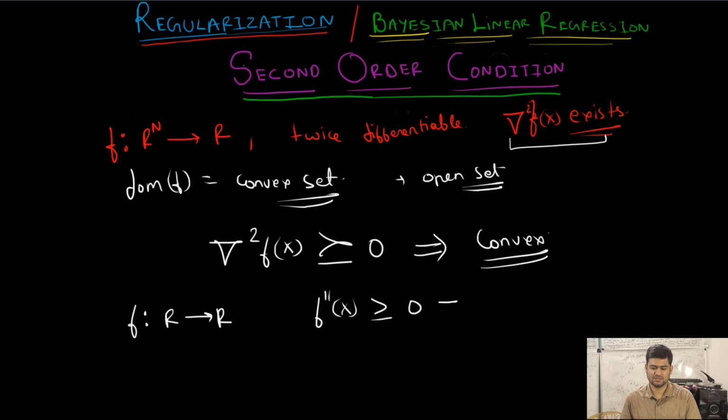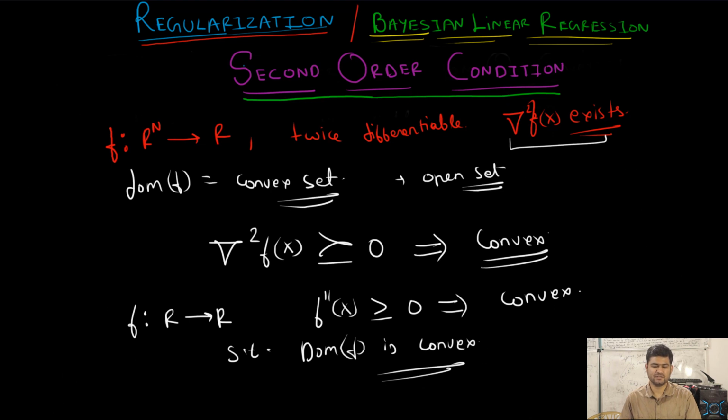So if this condition is satisfied, that means that the function is convex, subject to the condition that the domain of f is convex. So any twice differentiable function that satisfies these properties is convex.